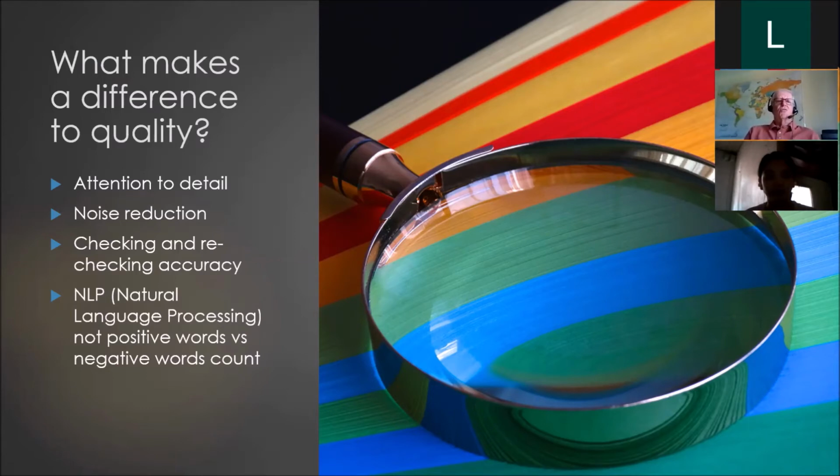You do need tools when you've got thousands of posts to be able to explore that data, find the trigrams, and code it appropriately. So that attention to detail is really important, and certainly the low-cost systems just don't have that. Noise reduction is really important.